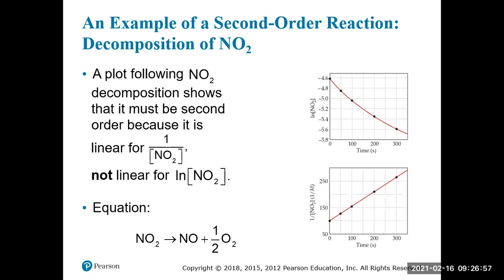And then a plot was done of 1 over NO2 versus time, and that's the plot on the lower right-hand side. And then they also did the plot of natural log of NO2 versus time.